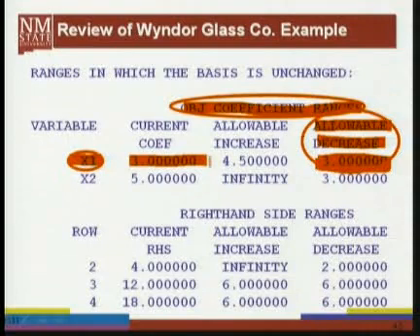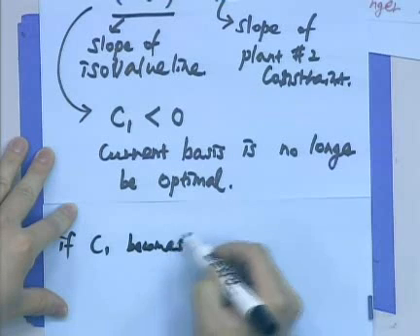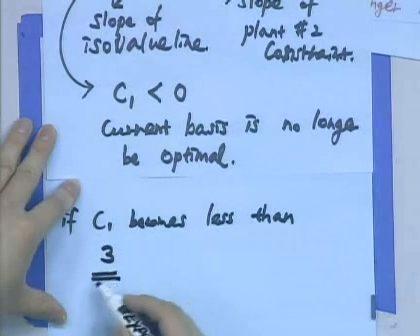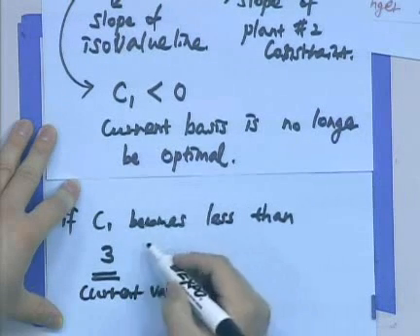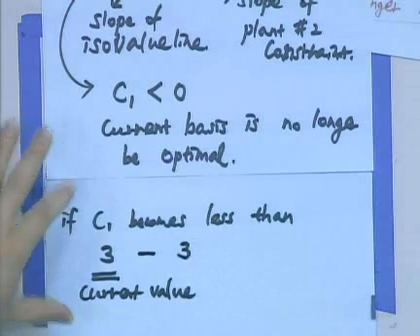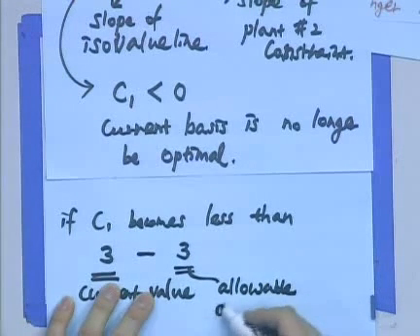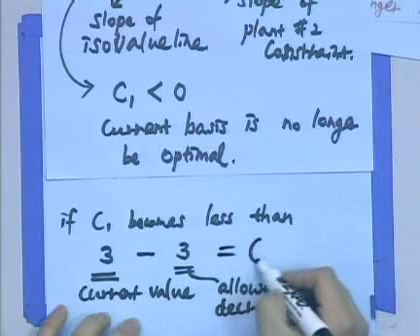Okay? So currently, the C1 is 3, right? So if C1 becomes less than 3, that is the current value, minus 3, that is the allowable decrease limit, this becomes 0, right?